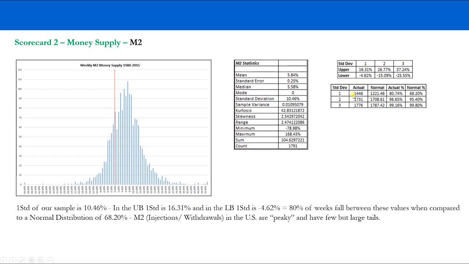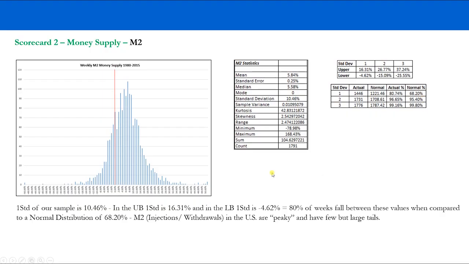And we can see from looking at the data, when we look at our frequencies, 1446 weeks or cases as part of our count fall within 1 standard deviation. And this is 80% of times. When we look at this relative to a normal distribution, 1 standard deviation is 68.2% of cases.